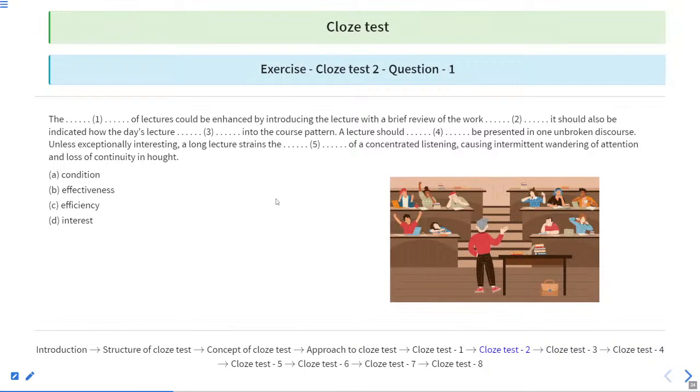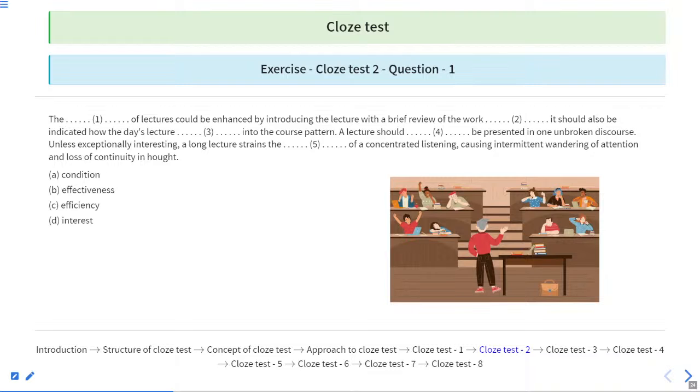So let us look at the next set of questions of the cloze test. Again, we will look at 5 of these questions which are part of one set. So let us understand the overall context first. The dash of lectures could be enhanced by introducing the lecture with a brief review of work dash.